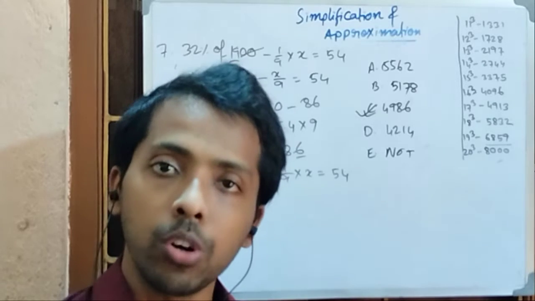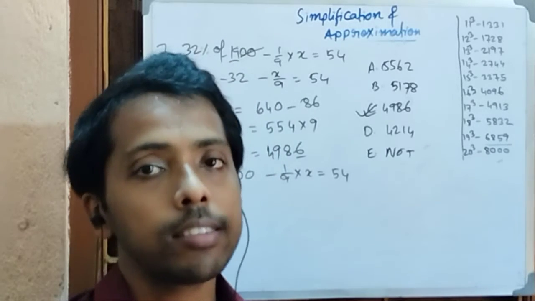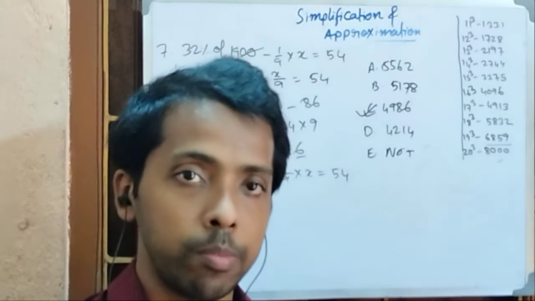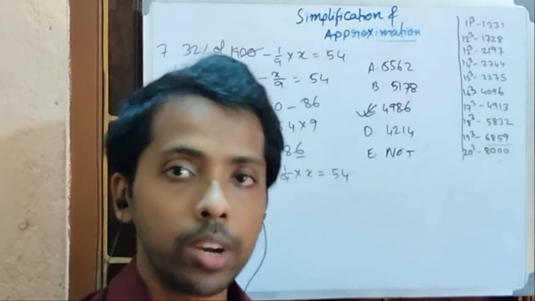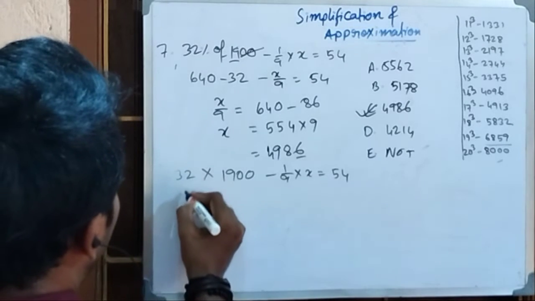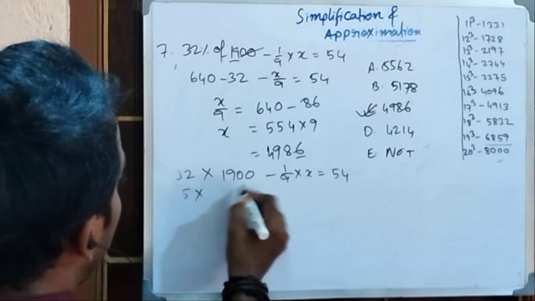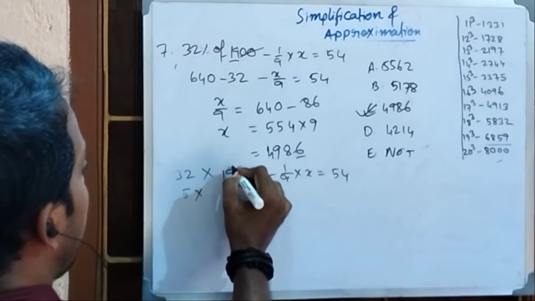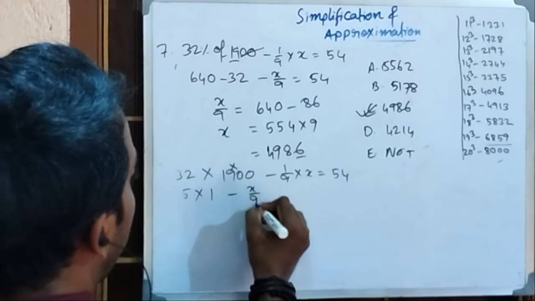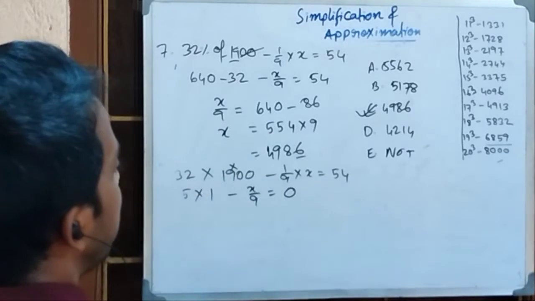Saying digit sum 0 or saying digit sum 9 is exactly similar; 9 does not give any other significance here. So here, say 3 plus 2 is 5 into 9. I told you that 9 you can eliminate, so 1 here, x by 9 here, and again 9 means 0.